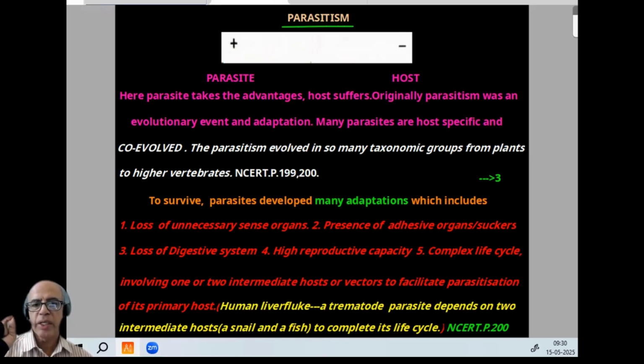A typical example given in NCERT is the human liver fluke, a trematode parasite, which depends on 2 intermediate hosts, a snail and a fish, to complete its life cycle, NCERT page number 200.